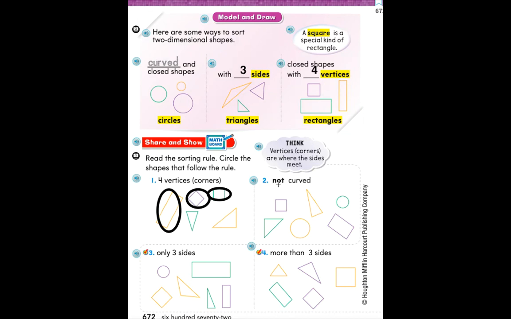Now, question number 2: which shapes are not curved? Only one shape is curved, and that is the circle. So all the rest of the shapes are not curved. Let's make circles on these shapes as they are not curved.